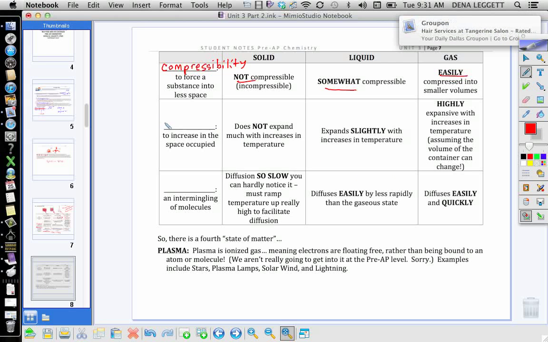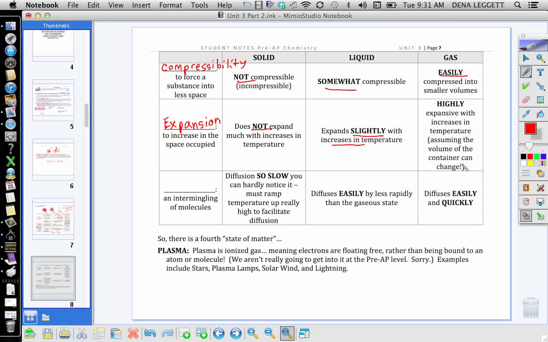And as you can imagine, there's a gazillion different multiple choice questions we can ask on this. Expansion is the ability to expand and increase the space occupied. Solids do not expand. Liquids will expand very slightly with an increase in temperature. Gases expand tremendously with temperature.